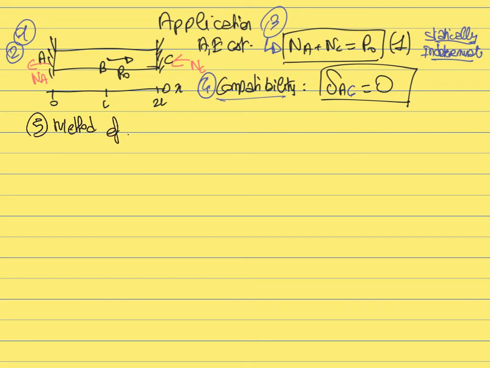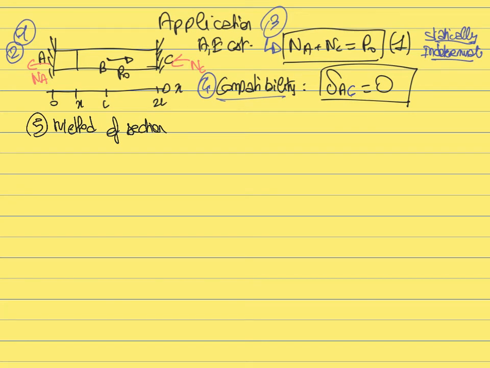So let's use this. In this case, we have a concentrated load P naught in the middle of this beam. When we apply the method of section, we need to choose an arbitrary position x at which we are going to define the section, and we need to isolate the left or the right.